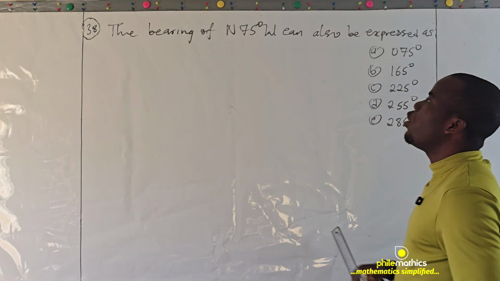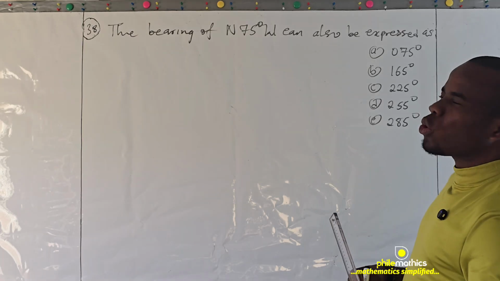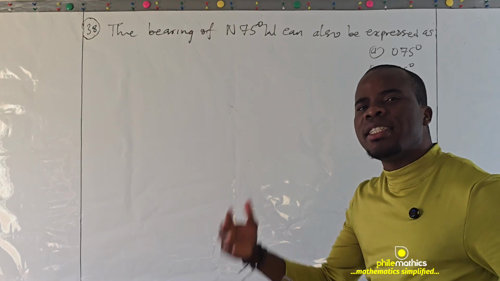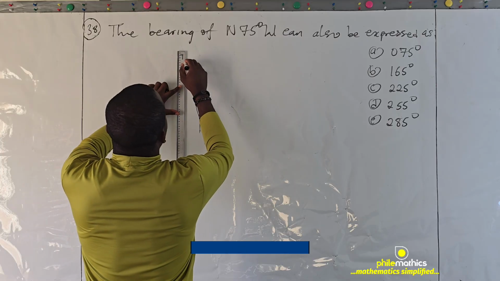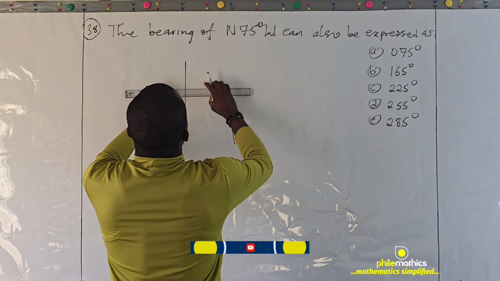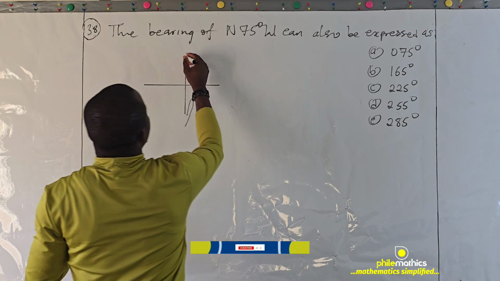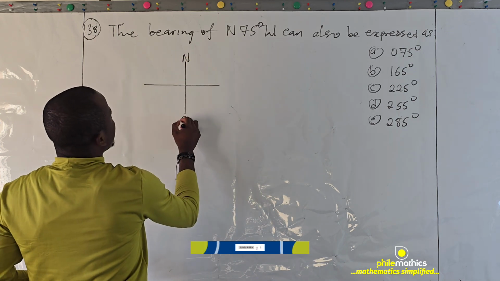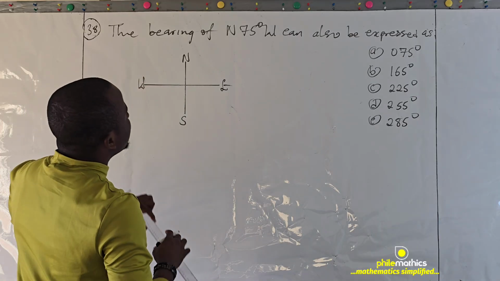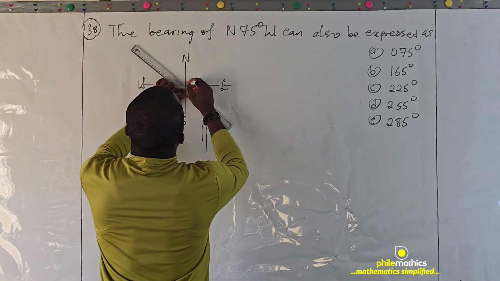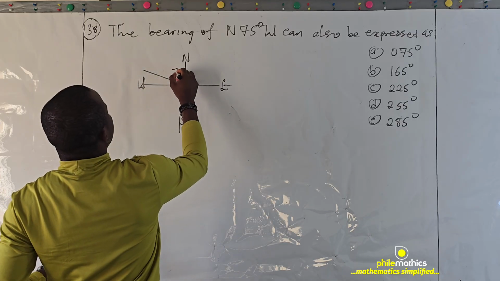The bearing of north 75 degrees west can also be expressed as what in 3-digit bearing? So let's represent north 75 degrees west. So this is north pole, this is south, this east, this west. So north 75 degrees west is somewhere here. And so this is 75.